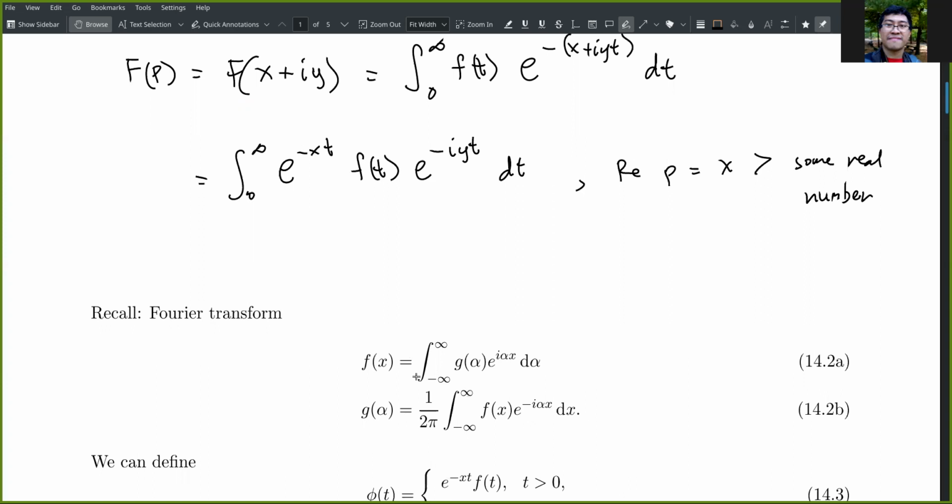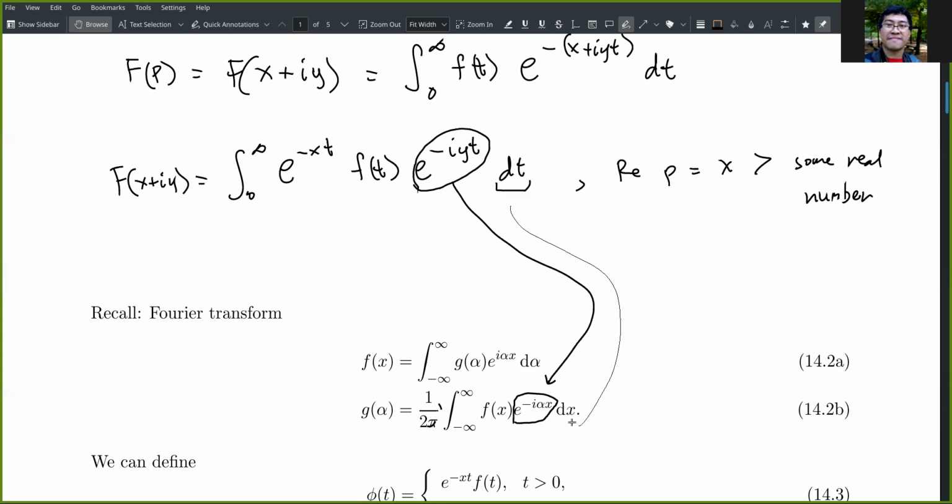You can also reverse the transformation. We use this up to this 1 over 2 pi here. This F of x plus iy, or F(p), is similar in form to this. You have this e to the power of minus iyt, same with this, except that this alpha is equivalent to this y, t corresponds to x.